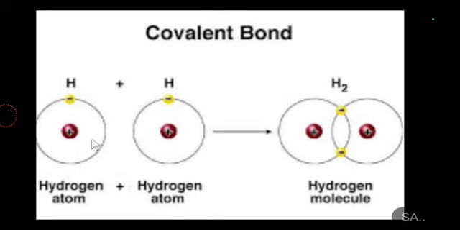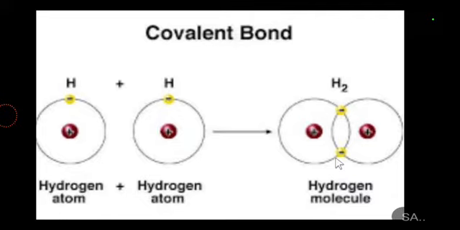Hydrogen has just one electron in its valence shell, and it needs one more electron to complete its duplet in order to stabilize itself. So hydrogen and hydrogen, two similar nonmetal atoms, share their electrons together, and this is how their duplet is completed. This is the simplest example of the covalent bond.